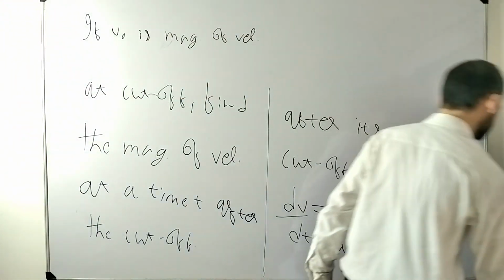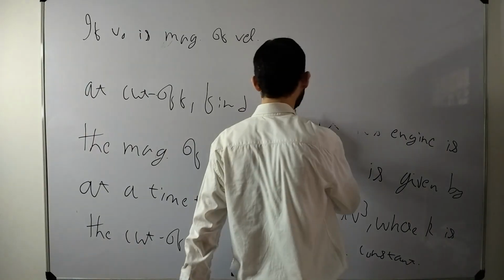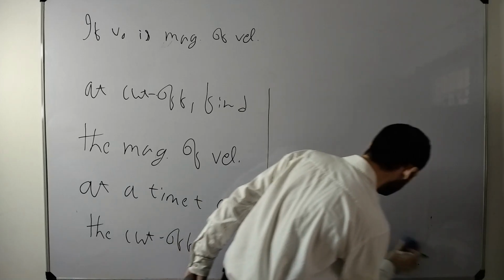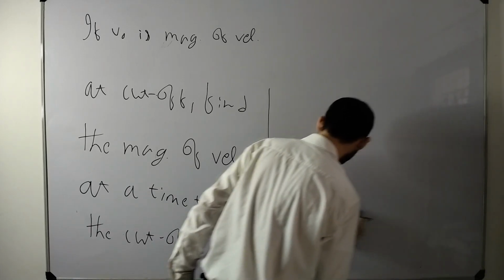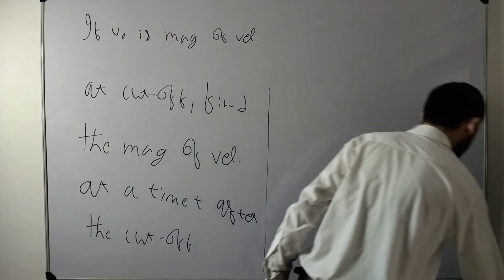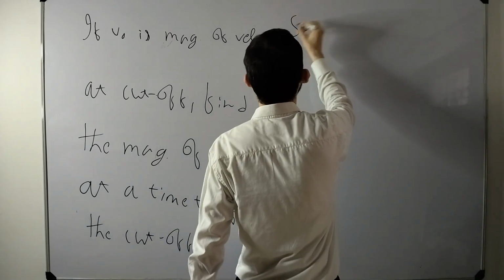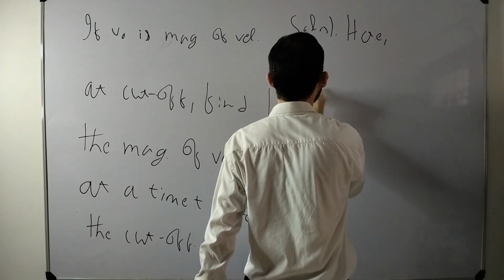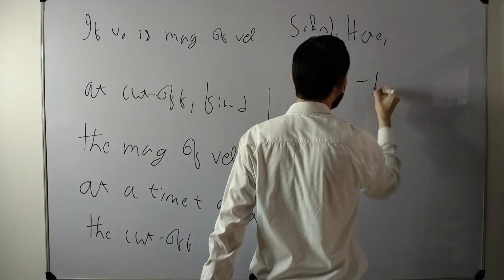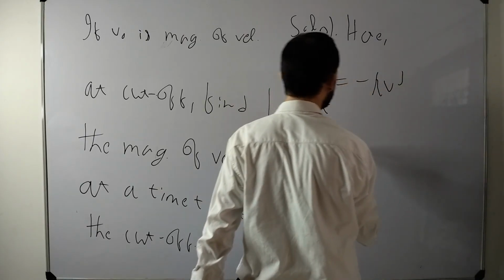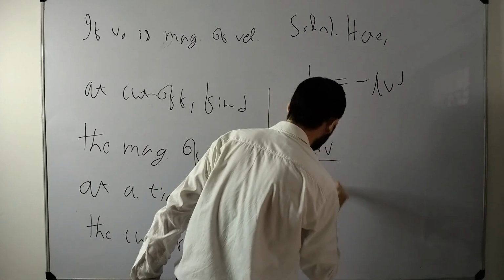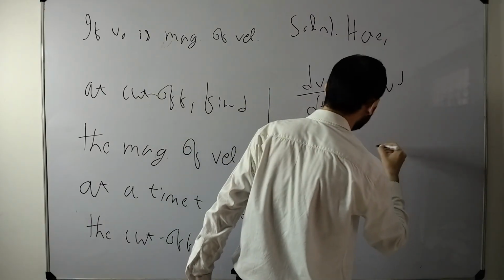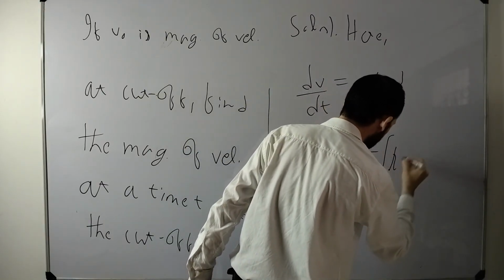So let's see. The equation is being given to us. Let's see the solution. First we need to write what is given to us. dV upon dt is equal to minus kV cube. Now I will take V cube on this side and dt on this side, minus k dt.